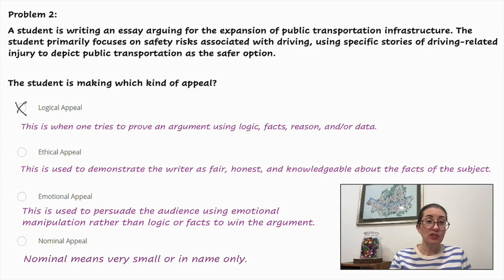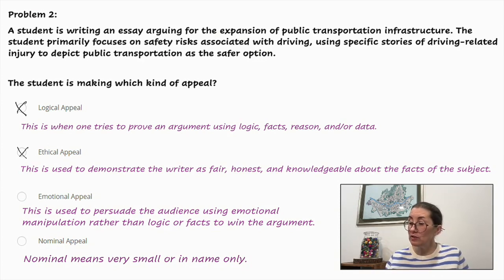Ethical appeal. This is used to demonstrate the writer as fair, honest, and knowledgeable about the facts of the subject. And that is not happening in this example. Emotional appeal. This is used to persuade the audience using emotional manipulation rather than logic or facts to win the argument.